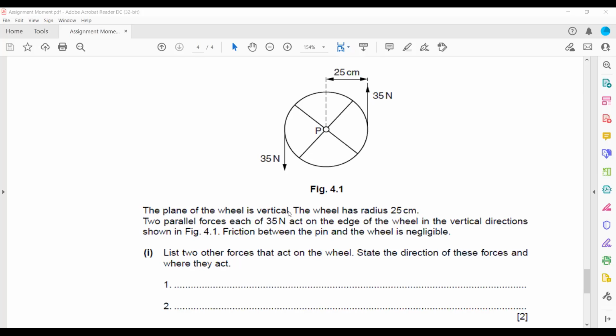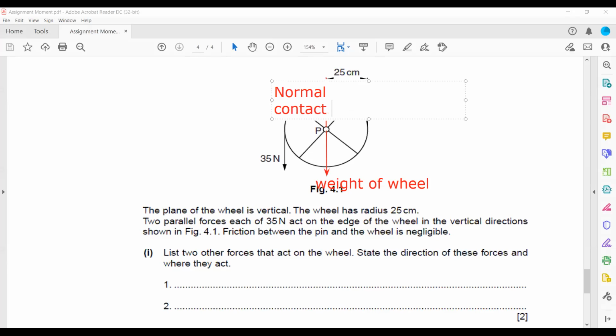And there will be a normal contact force, because it's in contact with the pin, so there will be a force from the pin on the wheel that is vertically acting upward.